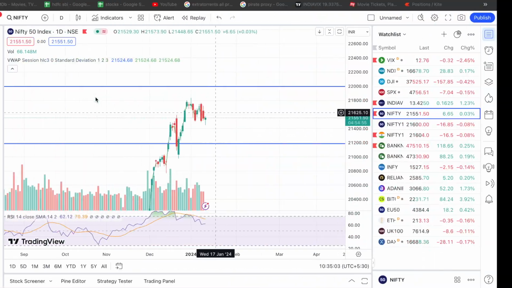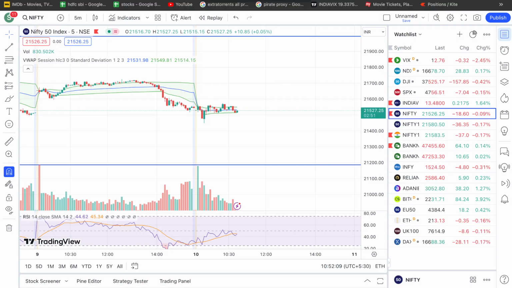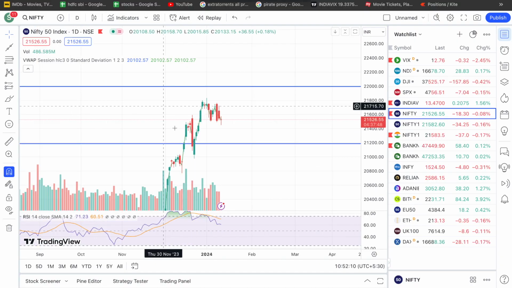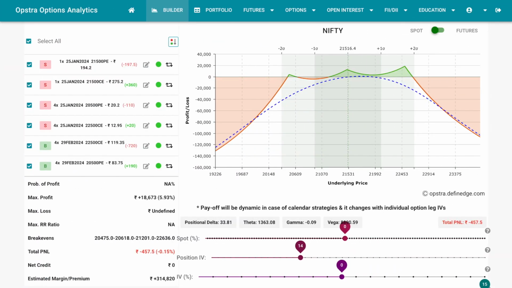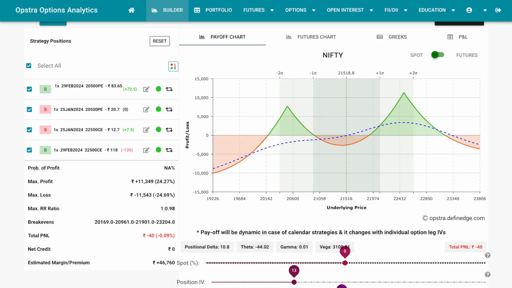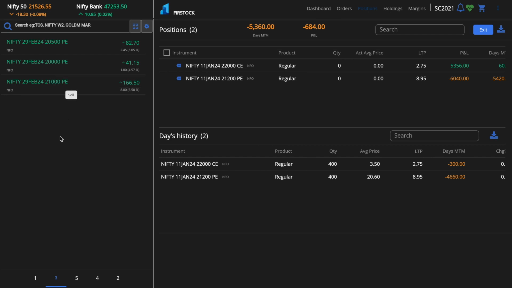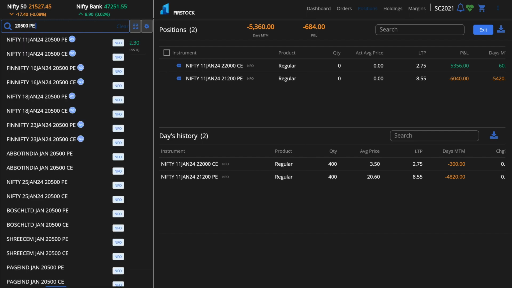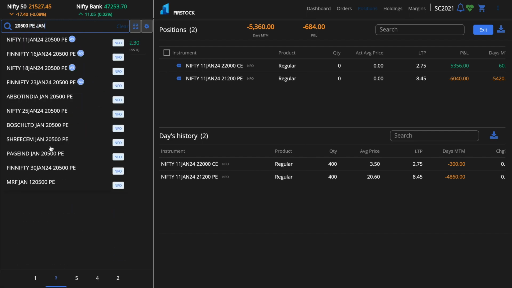For now, this is the option chain and this is where the market is. It's not moving much. Let's go ahead and put out all our options on the plate and then decide. 21,000, 20,500 PE of February. 20,500 PE of Jan. So here is the Jan PE.